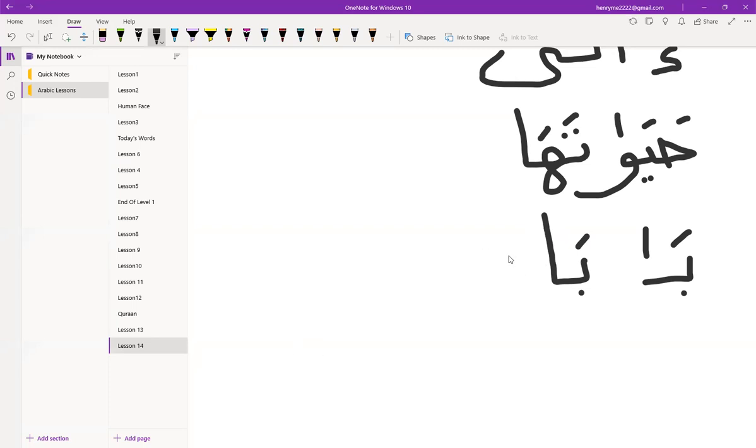Now there is a third option, which will sound the same as well. You have a short alif here on top of the ya. So it's ba, ba. If you notice, all three sound the same. Ba, ba, ba.